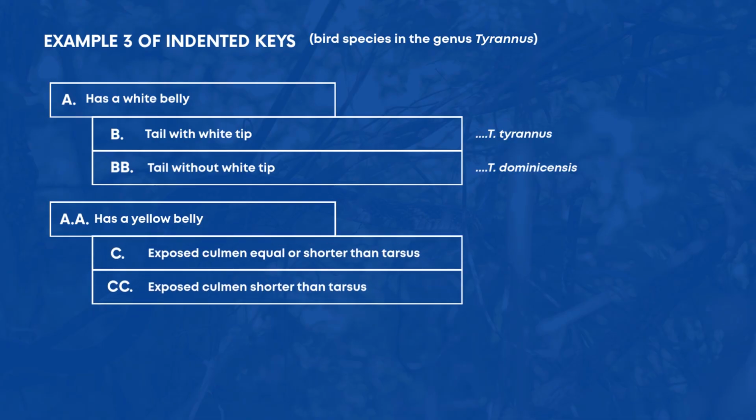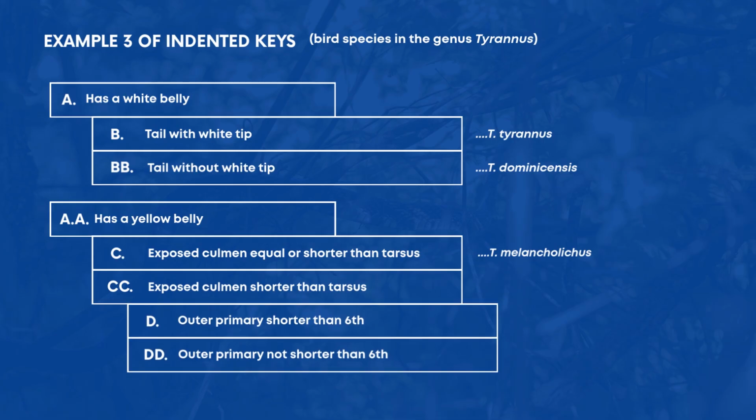If the exposed culmen, or upper part of the bill, is equal to or shorter than the tarsus, the species is T. melancholicus. If not, we continue further. At this deeper indentation, wing features are compared. If the outer primary feather is shorter than the 6th feather, the species is T. voliferus. Otherwise, it is T. verticalis.